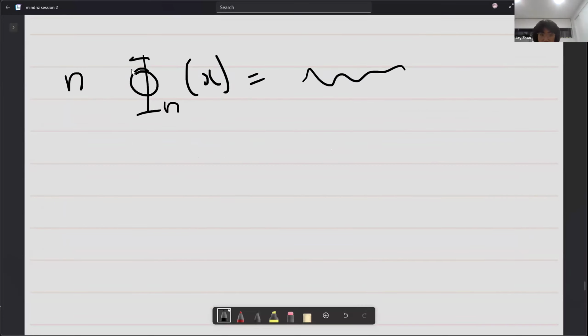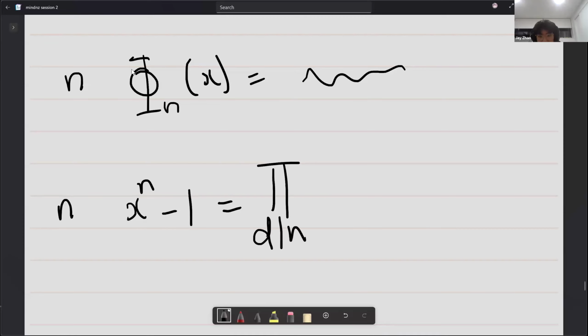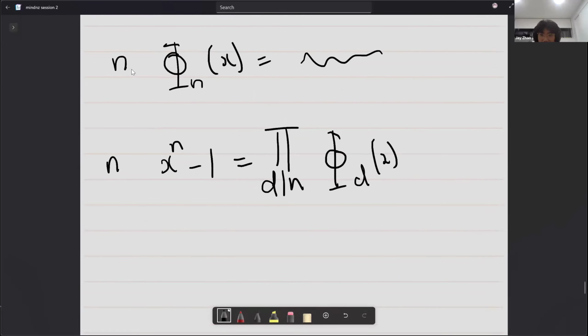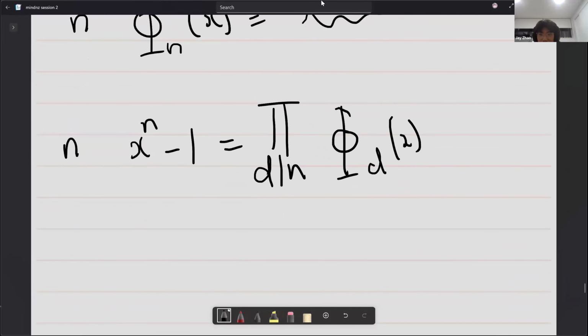The way it's defined is that for each n, x to the n minus 1 is equal to the product, over each divisor d of n, of the dth cyclotomic polynomial. This is a bit confusing, but there is a reason why it's like this.